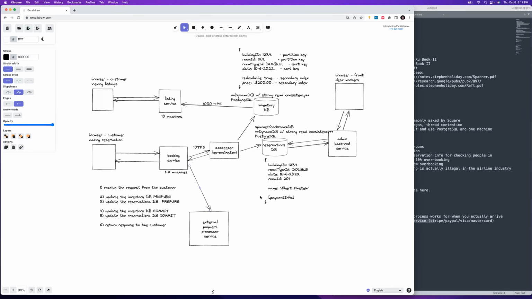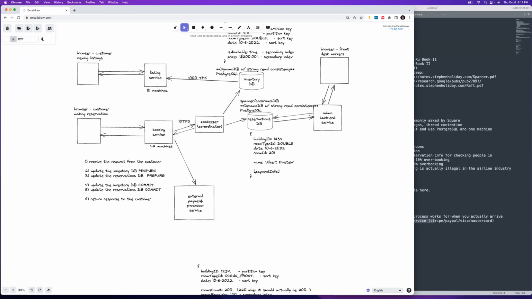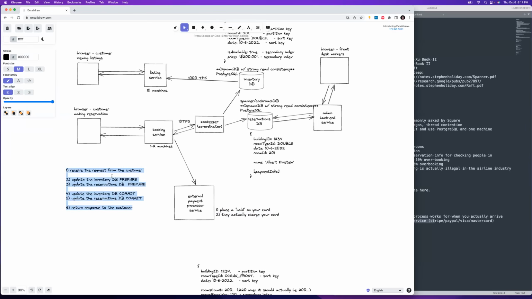So the way that external payment processors usually work is that there's kind of two steps to it: first, they place a hold on your card, and then two, they actually charge your card. So what I would do here is have the hold on your card happen before these.